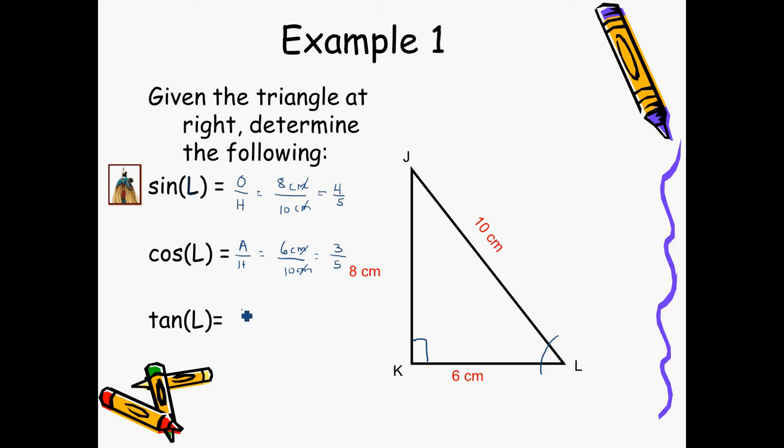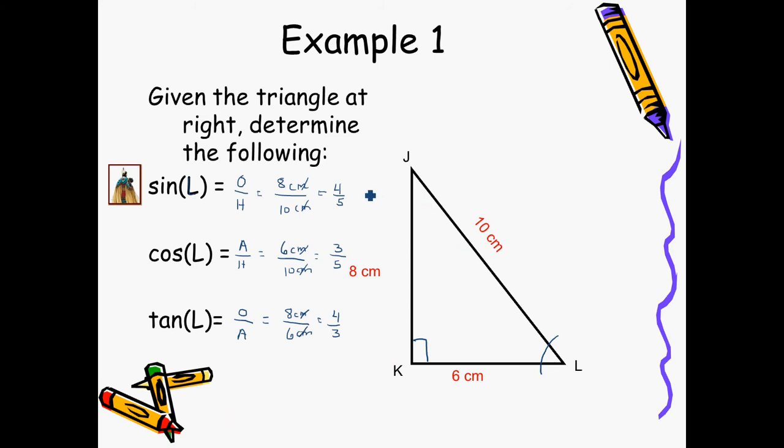The tangent is the opposite side compared to the adjacent side. The opposite side is 8 centimeters compared to the adjacent side, which is 6 centimeters. Centimeters divided by centimeters cancels one another out, and this ratio is 4/3.